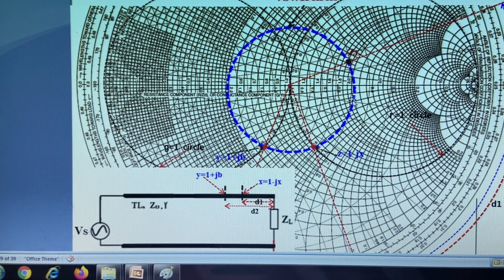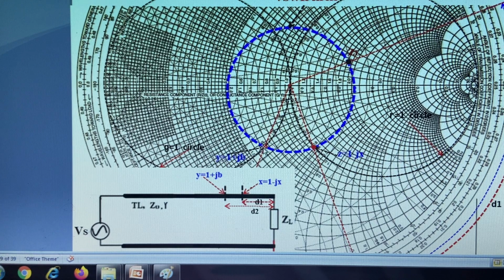Similarly, you can move like this and we can find out where the admittance real part is 1. To get that distance d2, you should start moving like this and stop wherever this VSWR circle intersects the g is equal to 1 circle. You stop there. There the admittance is on the g is equal to 1 circle, the real part is 1 and the susceptance value may be anything.